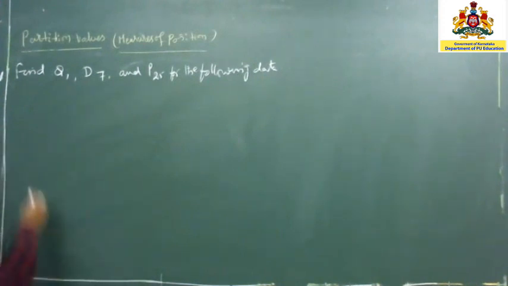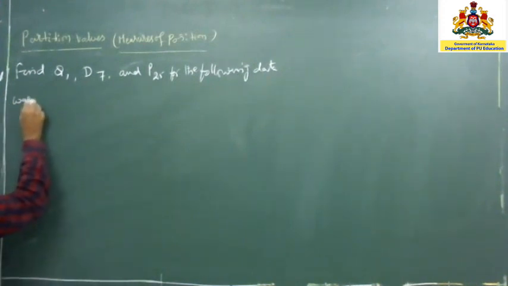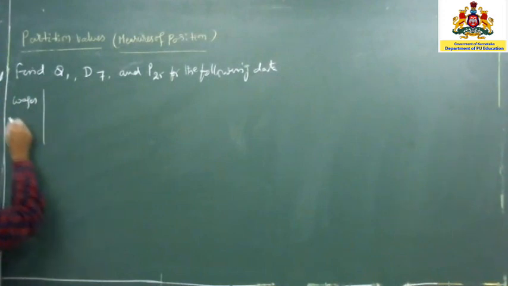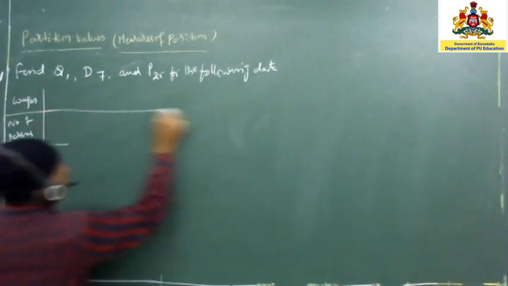How is it given? Wages and number of persons. Number of persons are given.